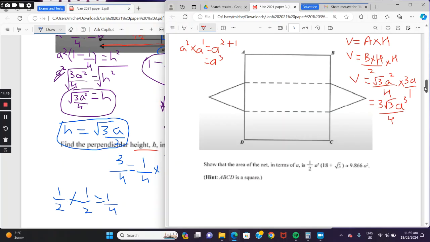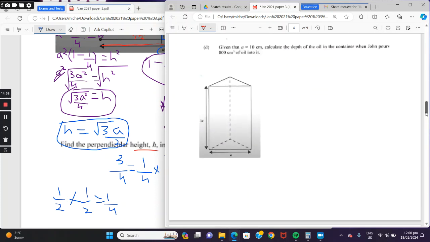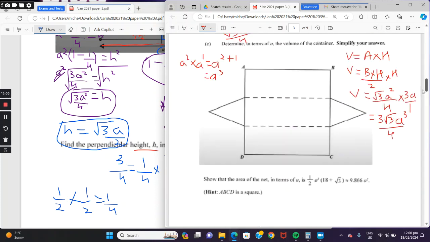I may have to come back to this diagram soon, but right now, let's not hold on. I think I put that diagram in the wrong place. In order for me to show this, I already know the area of the triangles, but we still have to find the area of the rectangular parts.